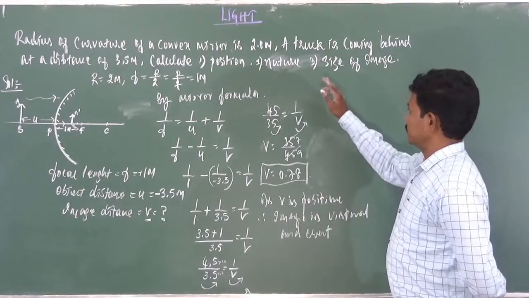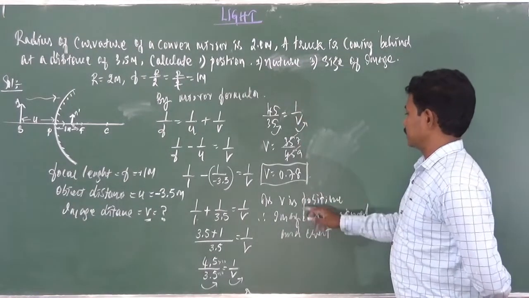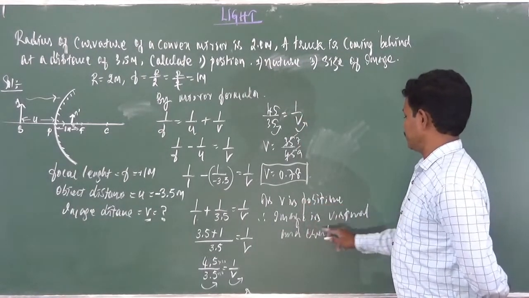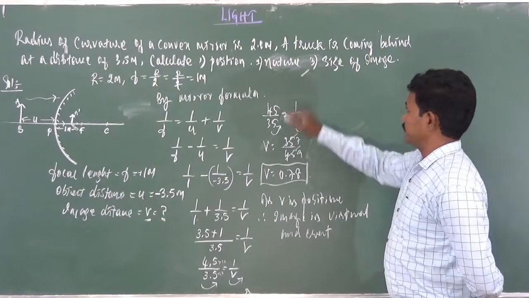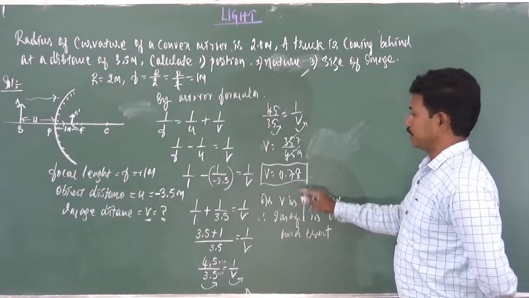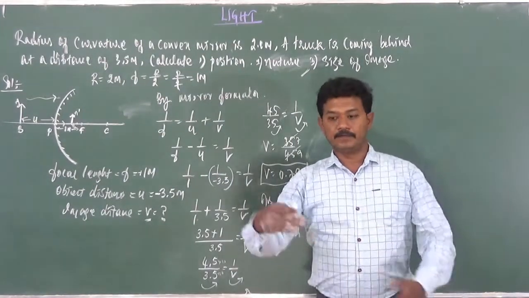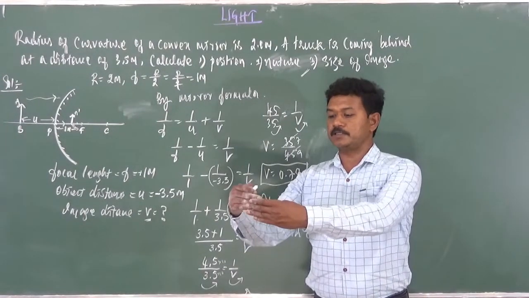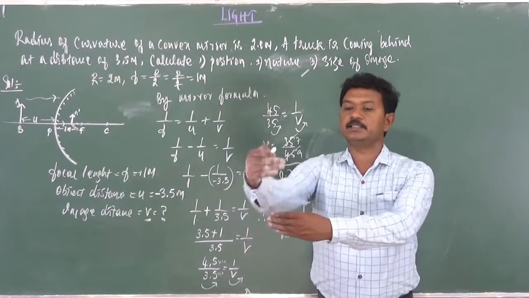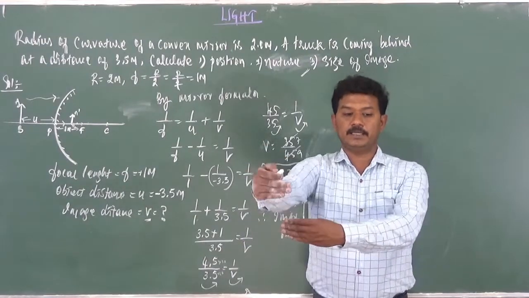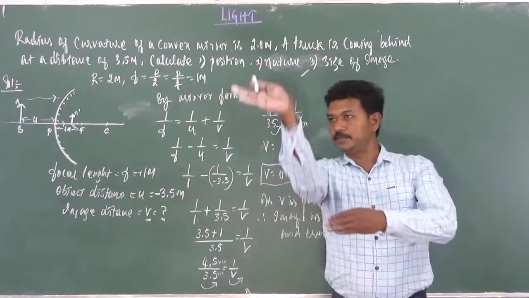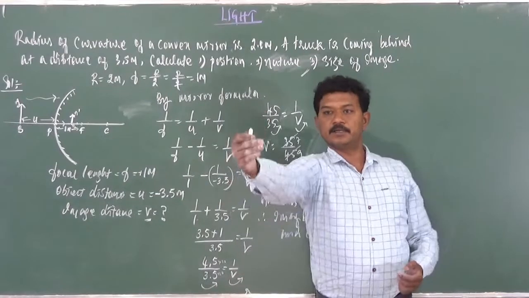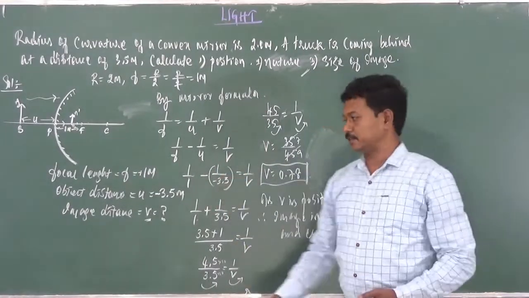As V is positive, the image is virtual and erect, that is the nature of the image. So here 0.78 indicates that if this is the rear mirror of the vehicle, the image is formed 0.78 meters inside the mirror, that is behind the mirror. If you see the mirror like this, it is located 0.78 meters inside the mirror.